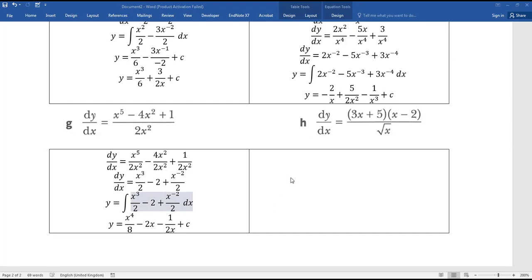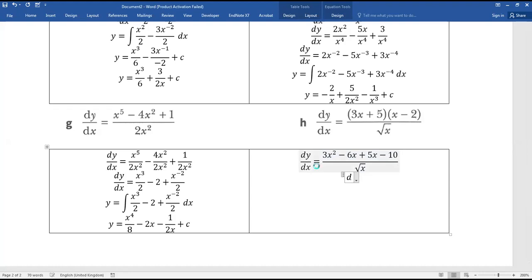Let's do the next part. First let's just expand the numerator: 3x into x, 3x squared, plus minus 6x plus 5x minus 10.